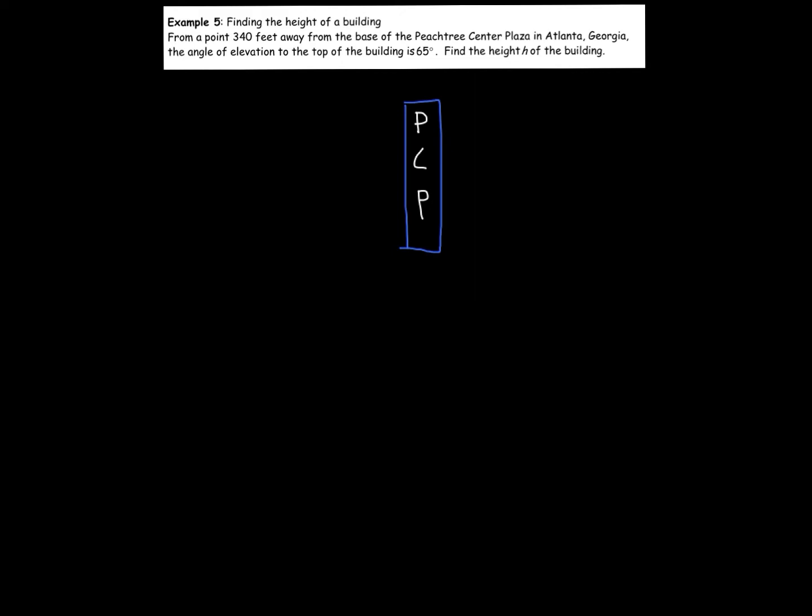Now, notice what it says. You just have to read it pretty carefully, and you can get these problems pretty simply. From a point 340 feet away from the base of the building. So that means over there, 340.